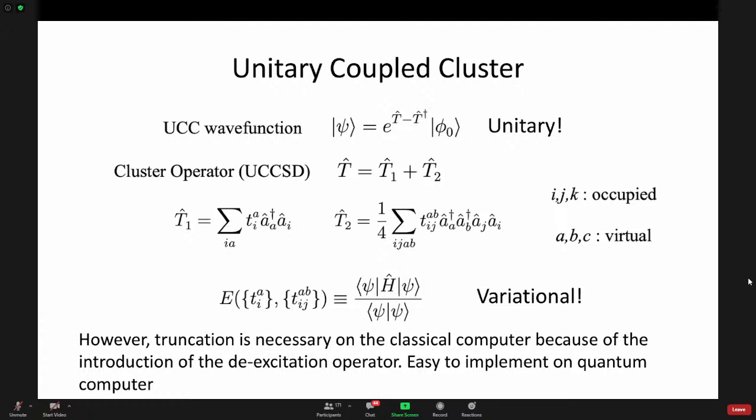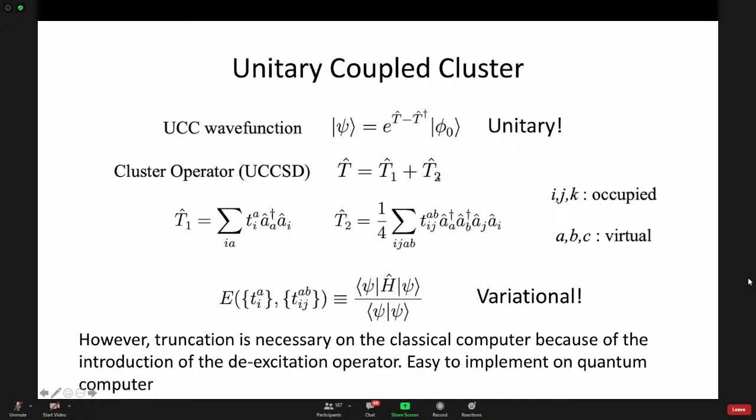So we need to truncate it, and then we lose all the advantage of the unitary coupled cluster. It's not variational anymore. However, we could easily implement this on a quantum computer. So it's not a real quantum advantage, but there is an advantage of doing the computation on a quantum computer for this unitary coupled cluster.